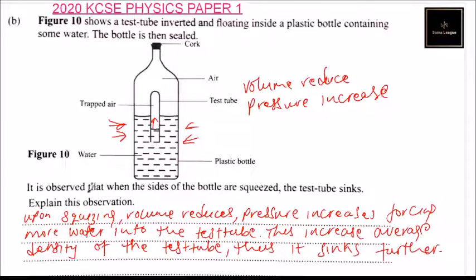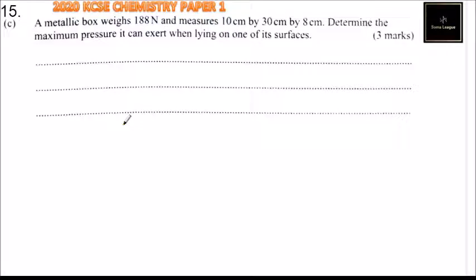So that is the reason why the test tube sinks as a result of increase in water. Average density increases, and that is why the test tube sinks, and that's how you answer that question.